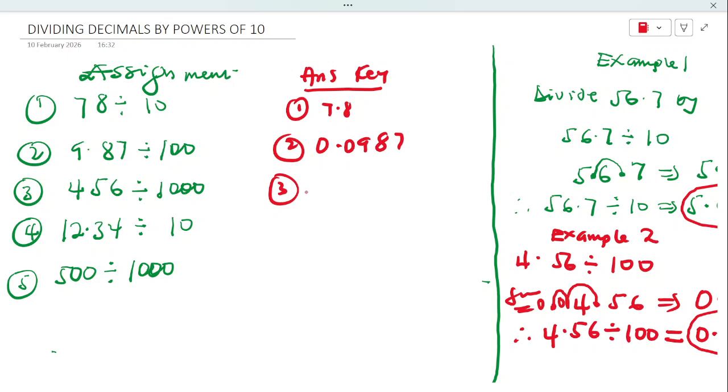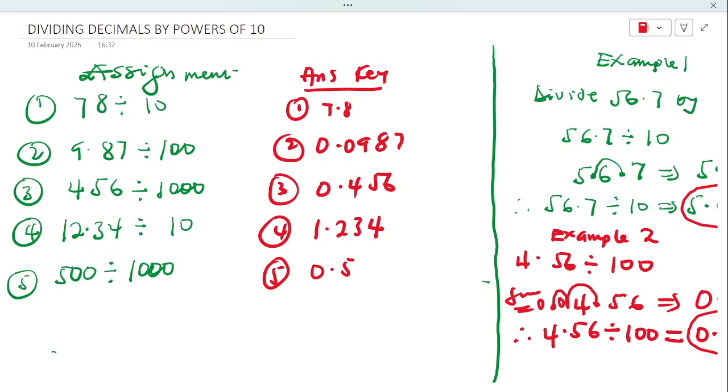Number 3, we have 0.456. Number 4, we have 1.234. And then finally, number 5, we have 0.5. All right, so you can pause the video, solve these problems, and then come back to confirm if your answers are correct.